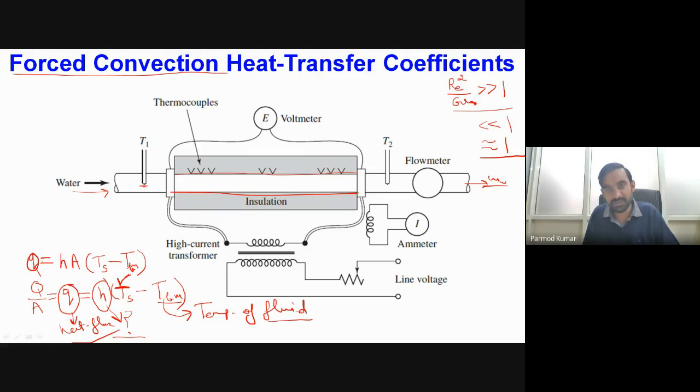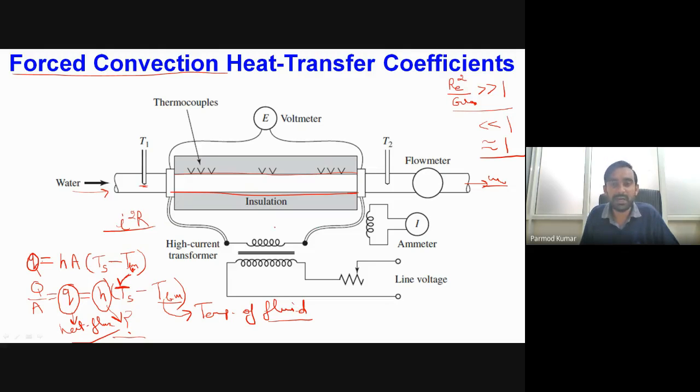Here we have a high current transformer, which will give us a high value of current, so that we can obtain high heat flux, because we are doing Joule heating, which is proportional to I squared R. R is the resistance of this pipe periphery, if I take this pipe as electrically conductive, and I is the amount of current passing through it.